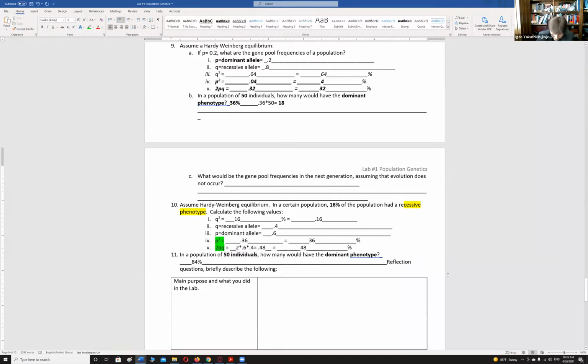In order to convert that, all I need to do is take the 0.84, with the percent taken out, and multiply it by my population, which is 50. So in this particular case, what will we end up with? 42. 42 individuals will look like the dominant phenotype.